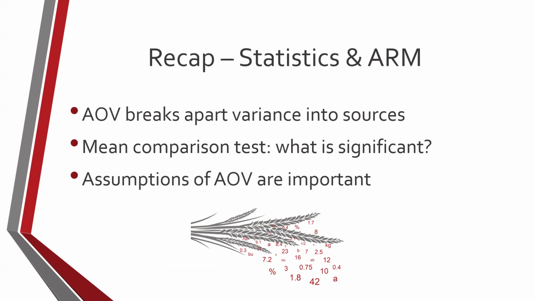But we need to be cautious with this analysis, because if the data does not fit the assumptions, we cannot rely on the results. Therefore, the steps like data confirmation and data review are important prior to running the analysis and reporting your results. And we'll go through each of those steps in the upcoming webinars.